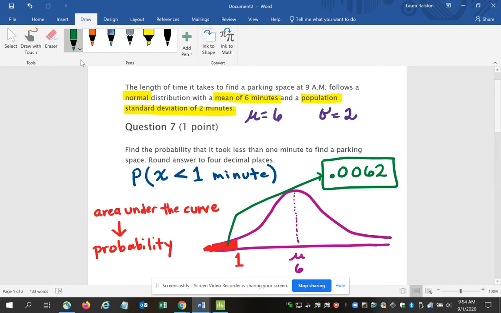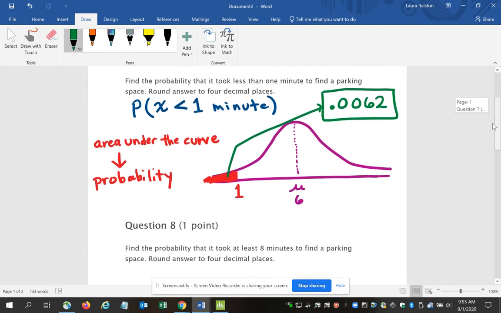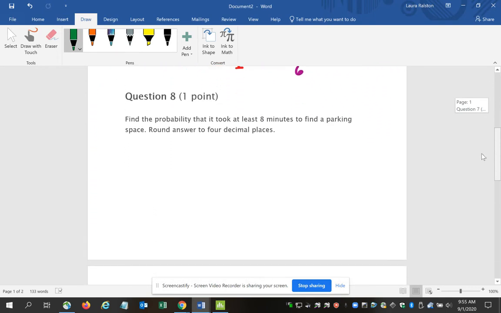All right. Now we're going to continue to use this same scenario. The length of time it takes to find a parking space at 9 a.m. follows the normal distribution with a mean of 6 and a population standard deviation of 2 minutes. So we still have a mean of 6, standard deviation of 2. We know it's normal.